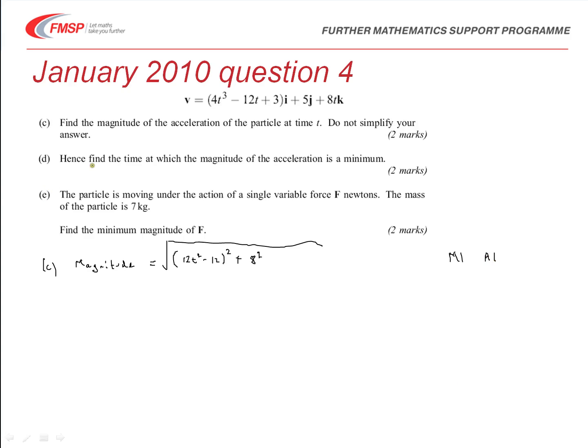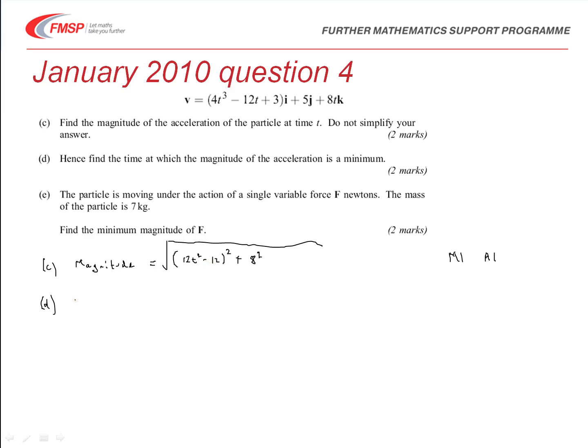Next part then says, hence find the time at which the magnitude of the acceleration is a minimum. So, let's look at this magnitude. Well, it's a term that's squared, so that term is always positive no matter what happens, and the 8 squared is positive. So the smallest we can make the magnitude is to make 12t squared minus 12 equal to 0.